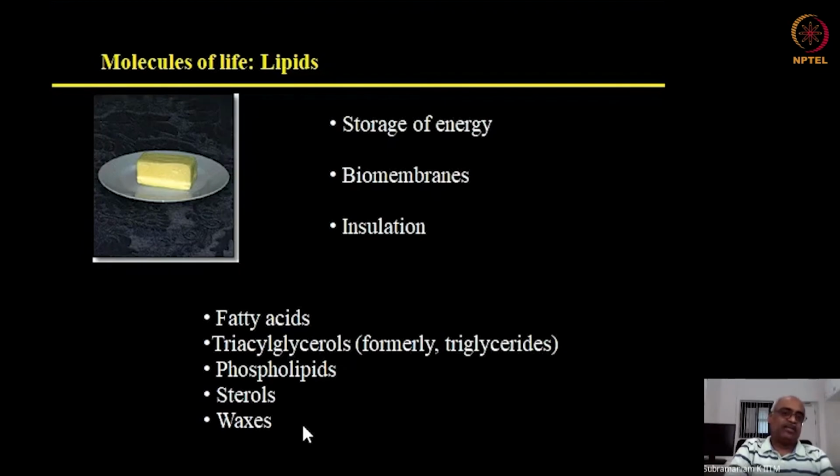Lipids are also known as fats, F-A-T, fat. So they are synonymous. We will look at each one of these, how they look and how their unique structures help the kinds of functions they perform.